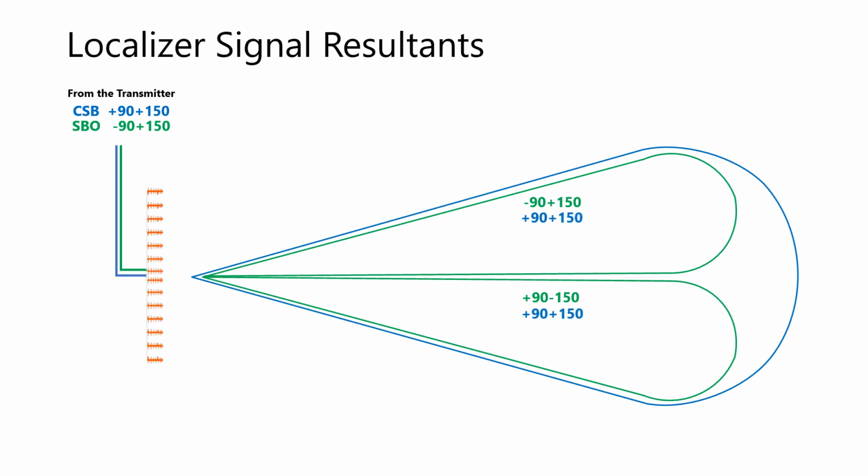CSB then combines, or space modulates, with SBO, shown here by placing the CSB audio below each SBO audio. Now we just add them. Left of centerline, 90 Hz will vectorially add together with 150 Hz canceling. And right of centerline, 90 Hz vectorially cancels and 150 Hz adds.